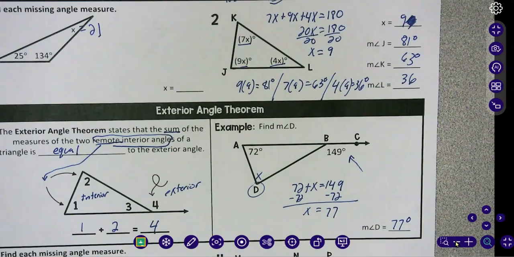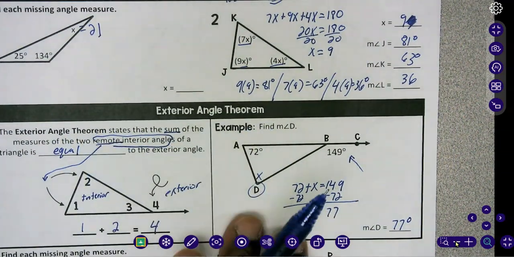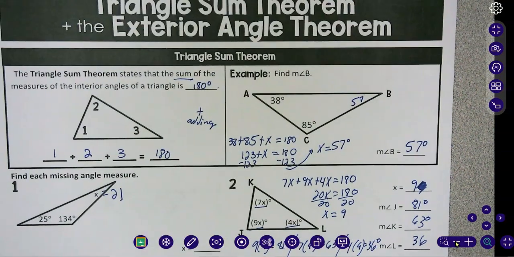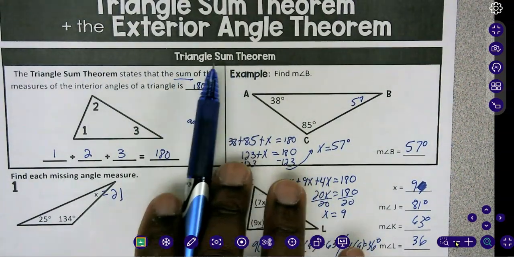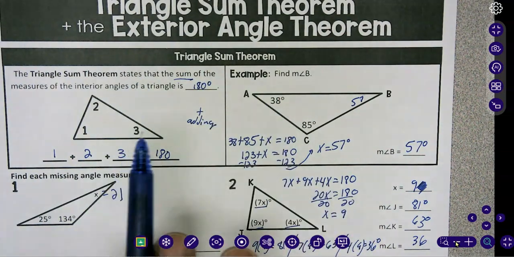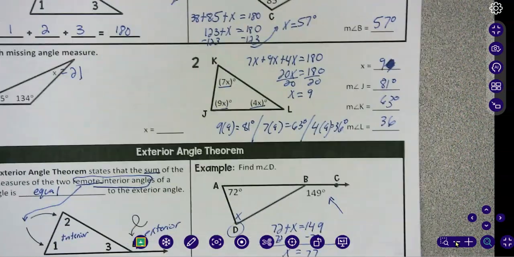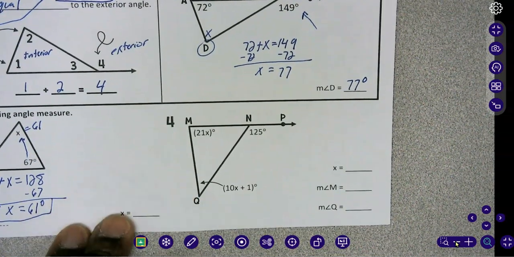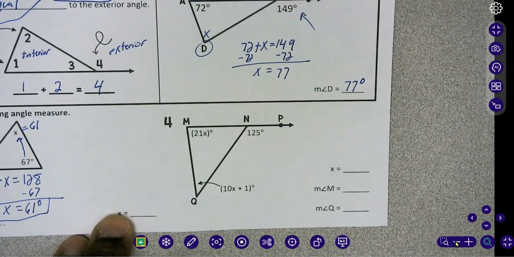You don't have to have this bold line right here, but you need to write down that this section is the triangle sum theorem. We have some examples on here that I will show you the answers to. I'm going to let you look at the problem, and then I'll show you the answer, and I'll do that a couple of times, and then that'll be the end of the notes.